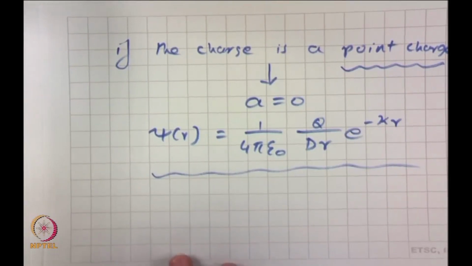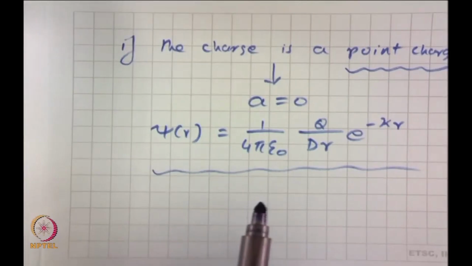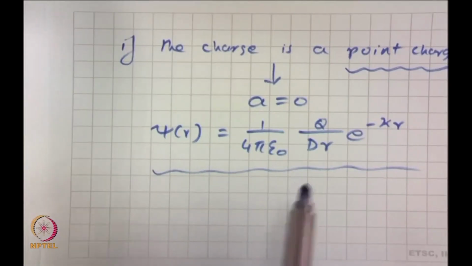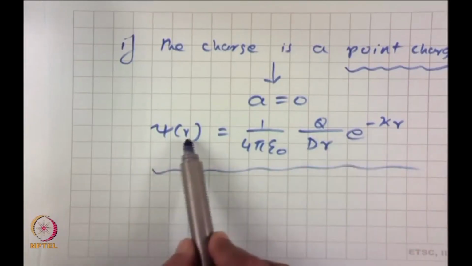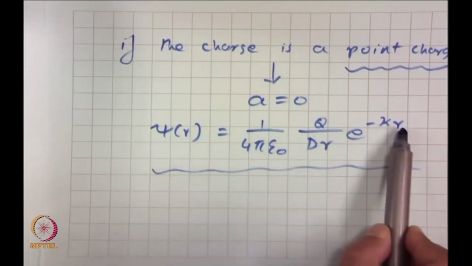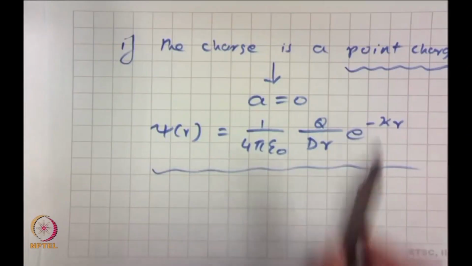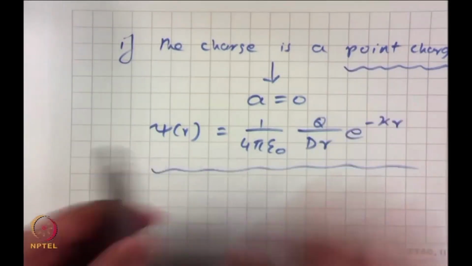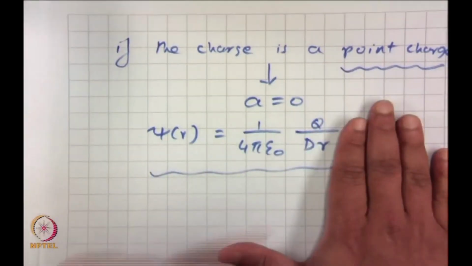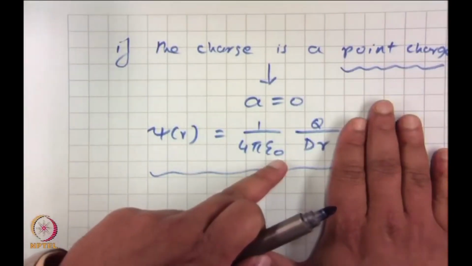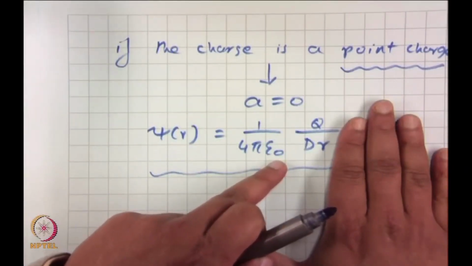But you see the concept in this case is still captured. Why? Because this psi of r still has a dependence upon kappa, right, and if you do not consider e to the power minus kappa r, what is this? This is essentially like a Coulombic potential, isn't it?